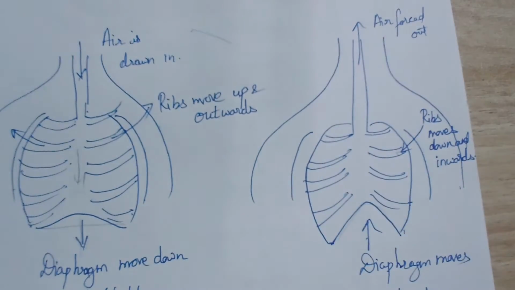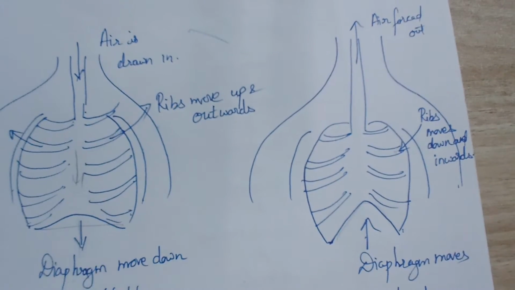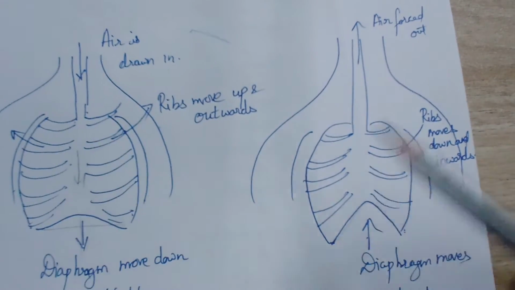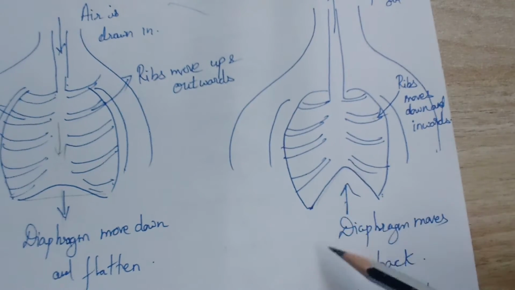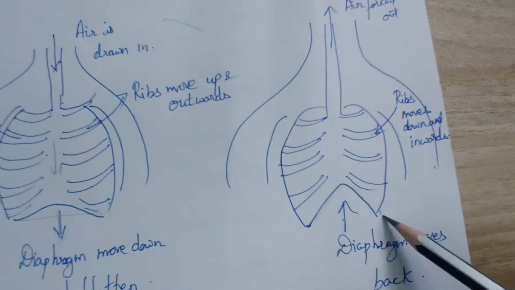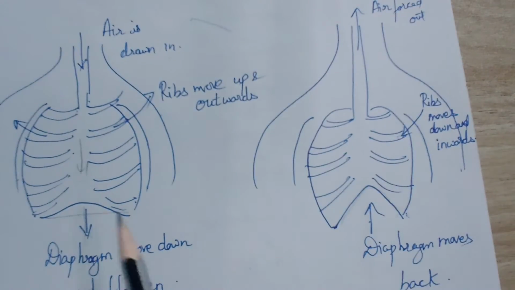When air is drawn in, the diaphragm moves down and becomes flattened, and the ribs move up and outwards. Likewise, when air is forced out, the diaphragm moves back up to its position, and the ribs move downward and inwards. You can see the difference: it is expanded and then it is shrinking.